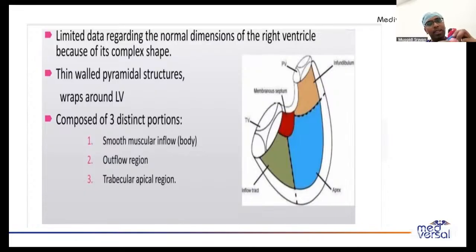The right side of the heart has three portions: the smooth muscular inflow body, the outflow region, and the trabecular apex. While proceeding for CABG, coronary artery bypass grafting surgery, when we open the chest, first we will see the right ventricle. And it has three parts.